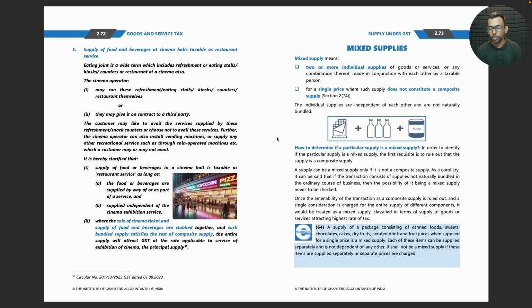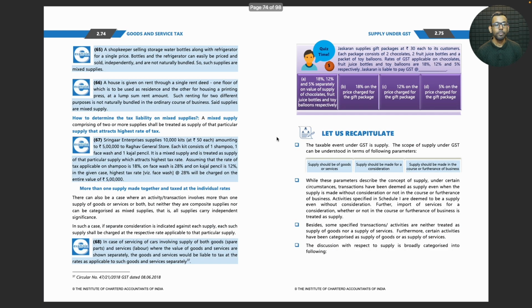It shall not be a mixed supply if these items are supplied separately or separate prices are charged. A shopkeeper selling storage water bottles along with a refrigerator for a single price. Bottles and the refrigerator can be easily priced, sold independently and are not naturally bundled. So such supplies are mixed supplies.